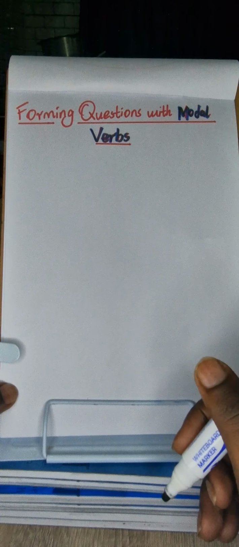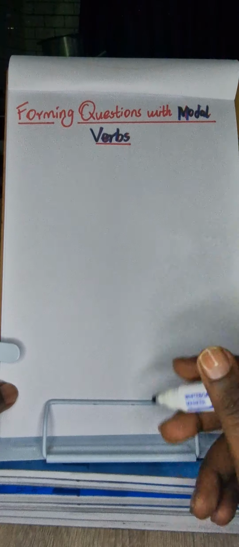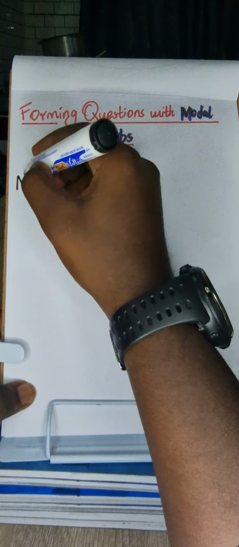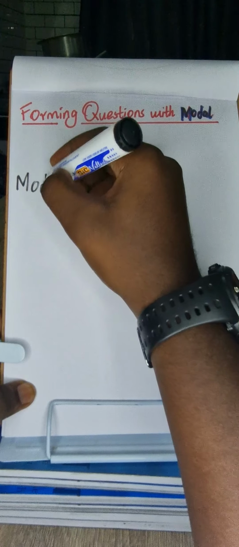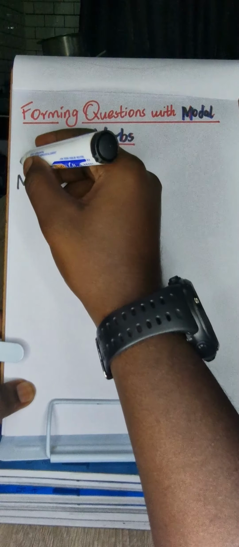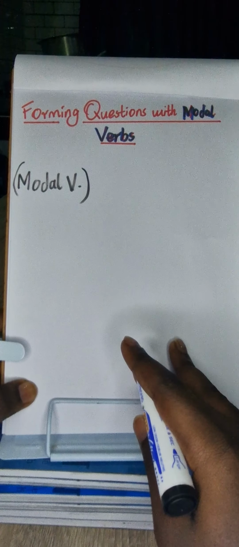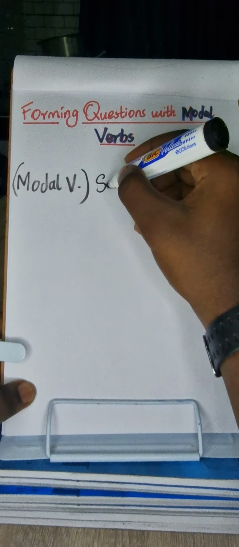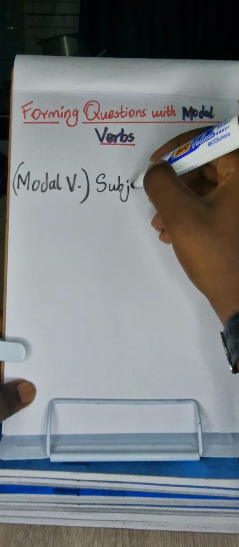So if I'm forming a yes-no question, I would begin with the modal verb, right? So I begin with my modal verb like this. Let's put it in brackets because it will be taking different endings depending on the subject. So modal verb, and then I have my subject, just like that.